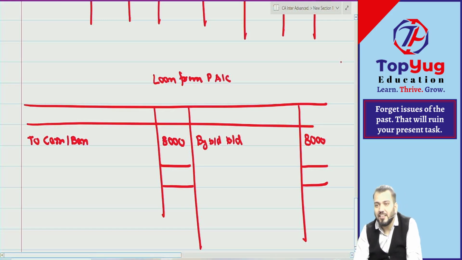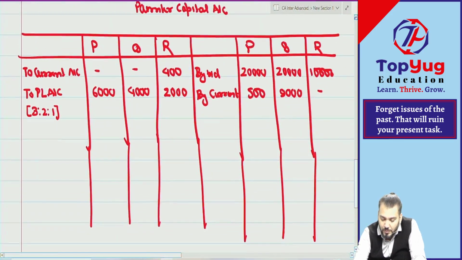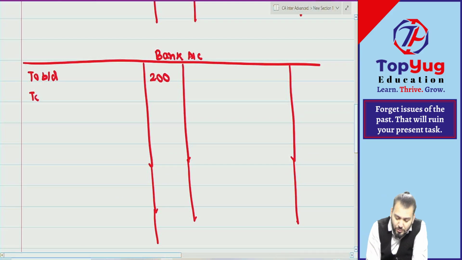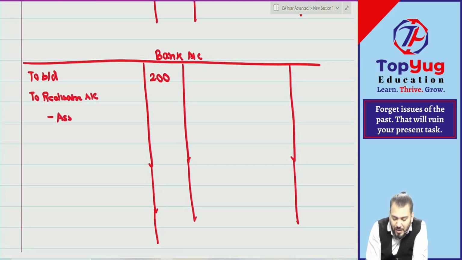Are asset and liability done? Can we give the double effect? Second effect. We write down to realization account. So can you give me the total value of assets realized? How much? 16,600.